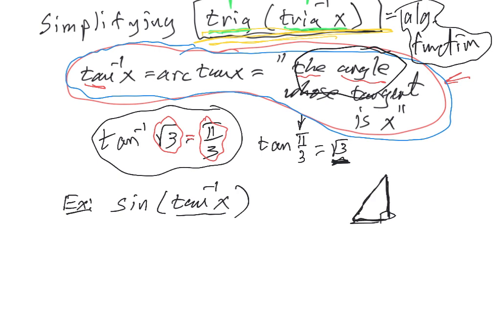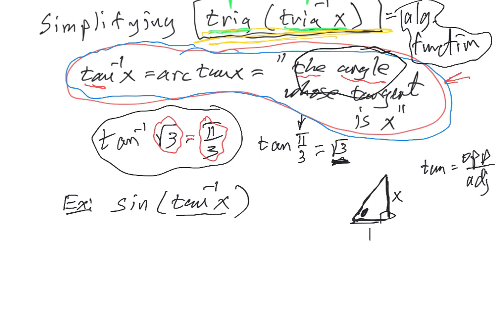This is the right angle, and this is the angle. I need to define the sides of this triangle so the tangent works out to be x. The easiest way to do that is to let the opposite side be x and the adjacent side be 1, because tangent is opposite over adjacent.